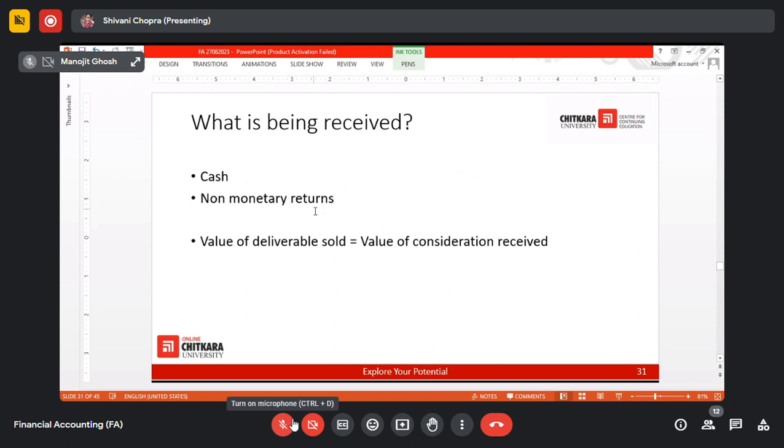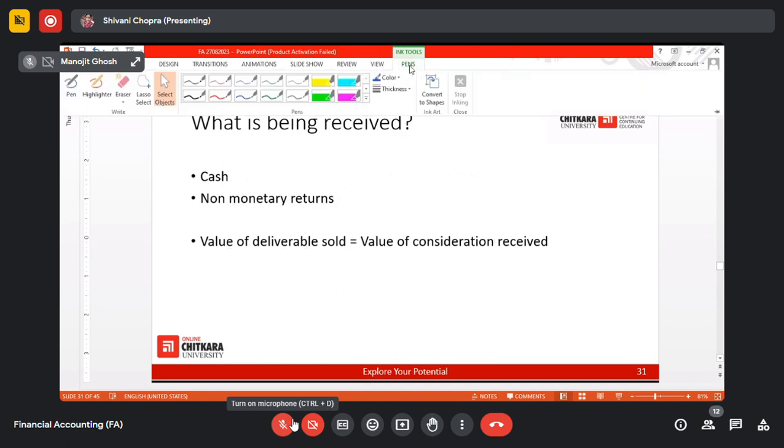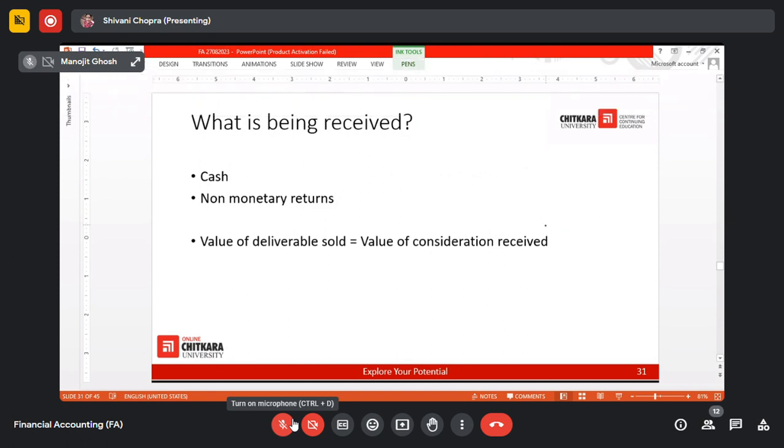But whatever is considered, the value of the deliverable that has been sold is the value of consideration that has been received. But here we have one star. That star indicates that the transaction has taken place at arm's length distance.